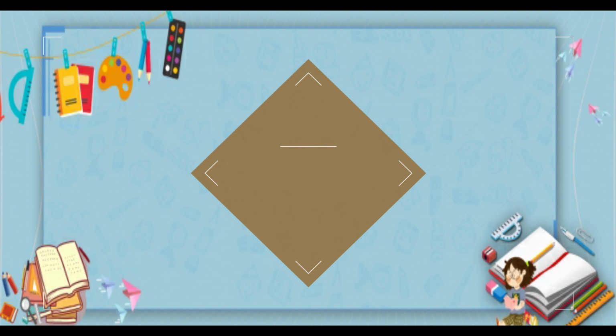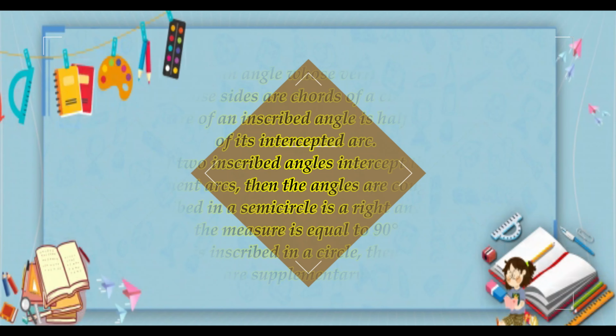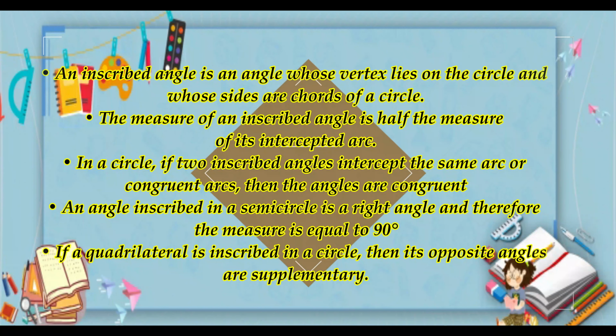Take note of these concepts. An inscribed angle is an angle whose vertex lies on the circle and whose sides are chords of the circle. The measure of an inscribed angle is half the measure of its intercepted arc. In a circle, if two inscribed angles intercept the same arc or congruent arcs, then the angles are congruent.